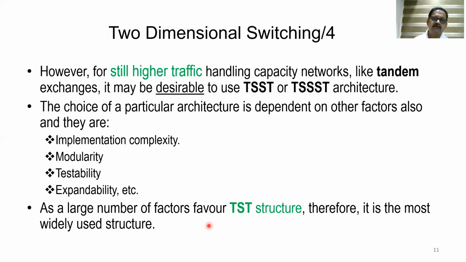As a large number of factors favor the TST structure, it is the most widely used structure. So in spite of so many factors, they suggest it is better to have the TST structure. Most of the governing factors favor TST. Therefore, TST is the most widely used architecture.